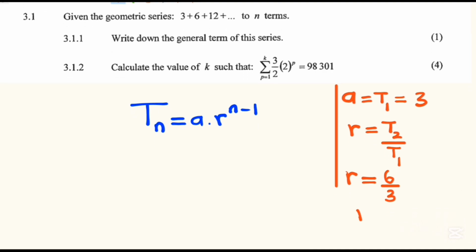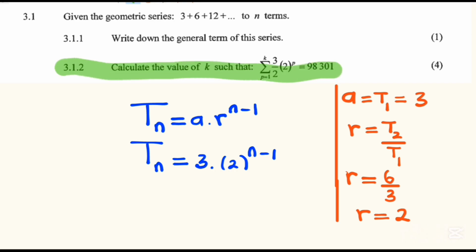So 6 divided by 3 is equals to 2. So our r is equals to 2. So we substitute. So we have Tn is equals to 3 in the place of the a multiplied by 2 in the place of the r, and this 2 will be raised to the power n minus 1, and this will be our general term for this geometric series.